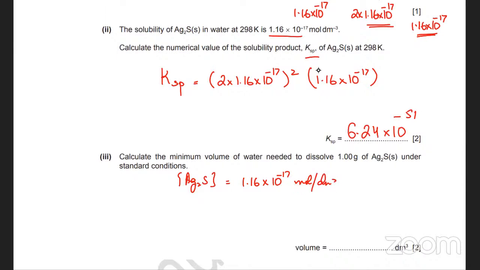So you're trying to figure out what is the volume of the solution that dissolves 1 gram of Ag2S. तो आप moles निकाल लो. Moles would be 1 gram divided by Ag2S molar mass, which is, I don't know what that is. Silver कितना होता है? So I think it's 107.9. Sulfur is 32.1. अच्छा, into 2 होगा. तो कितने moles आए?